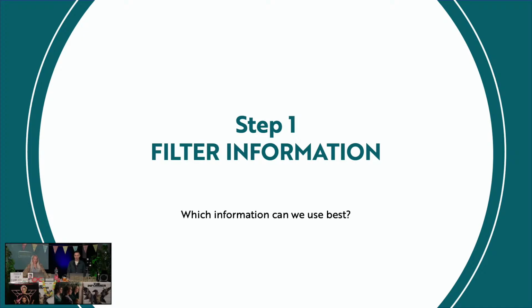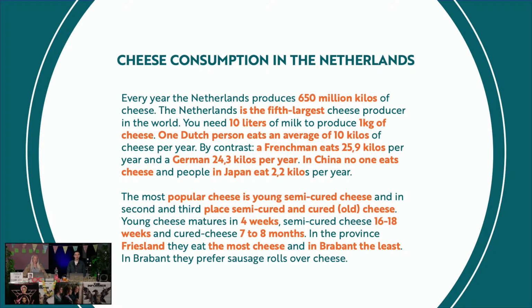So let's see, what kind of numbers do we have in this text? A lot. Yes, a lot we can do with. So we have the 650 million kilos, the 5th largest, 10 liters, 10 kilos, the amounts of cheese in kilos. Also the kinds of cheese that we have, so we could visualize that.